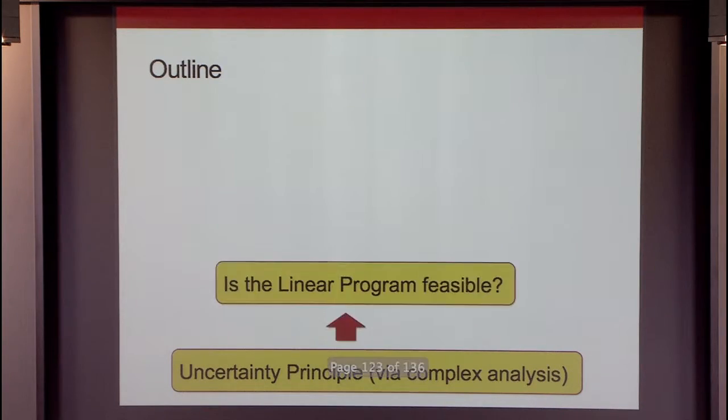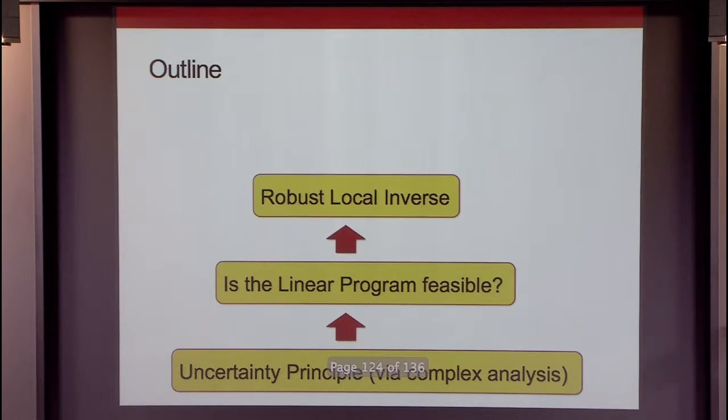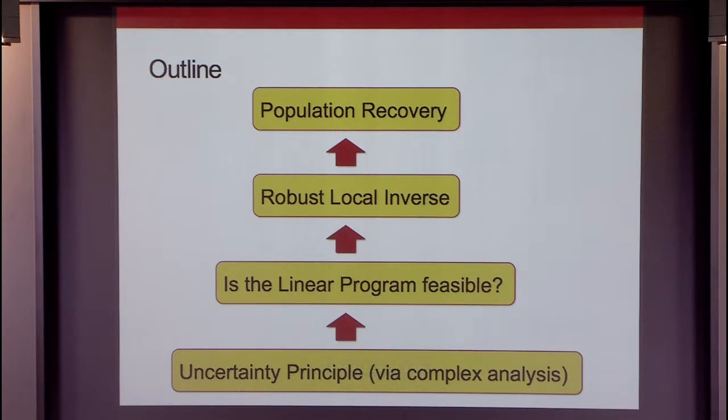What that did was we had this convex program for finding the best robust local inverse. That program is feasible. It has a good solution, because we proved the dual isn't feasible. So that allowed us to construct a robust local inverse that gave a polytime algorithm for population recovery.